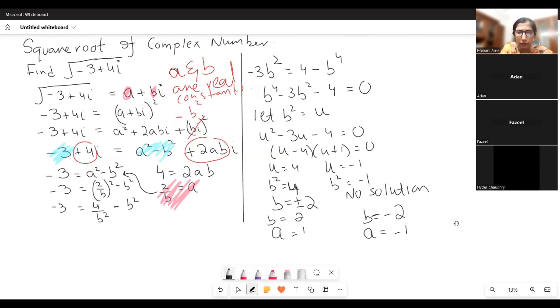One is 1 plus 2 iota, and the other one is minus 1 minus 2 iota.